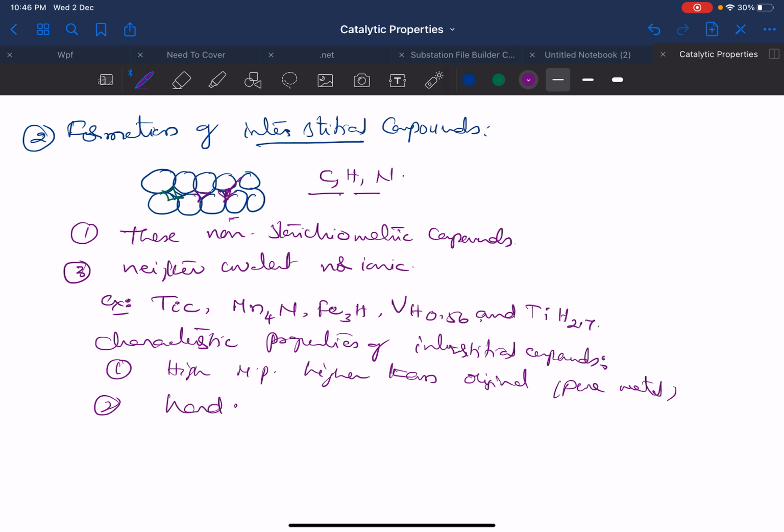Some of the borides, meaning boron containing interstitial compounds, are called borides. Some borides are as hard as diamond. Third, they retain metallic conductivity.